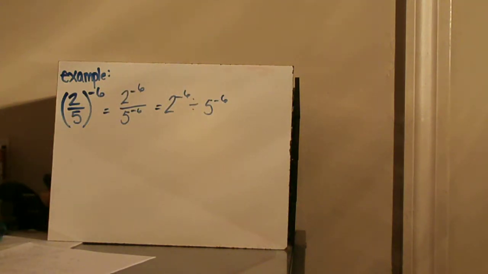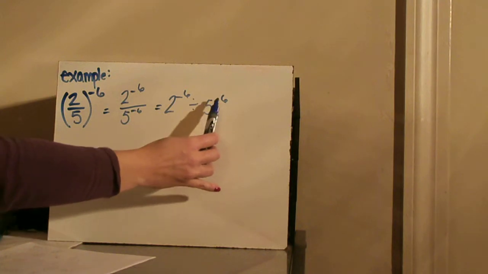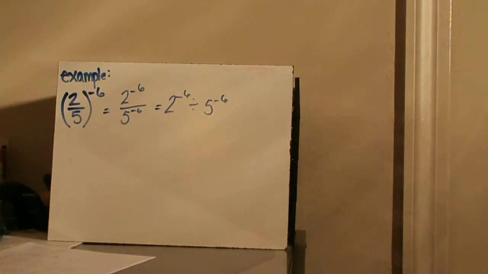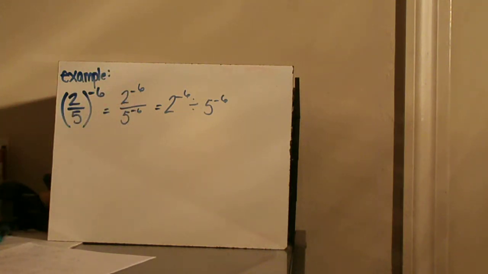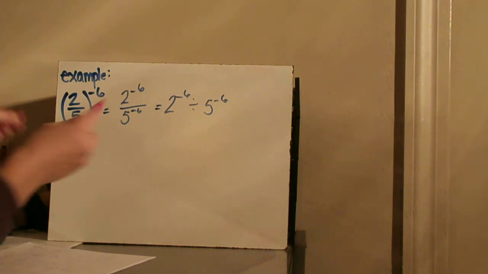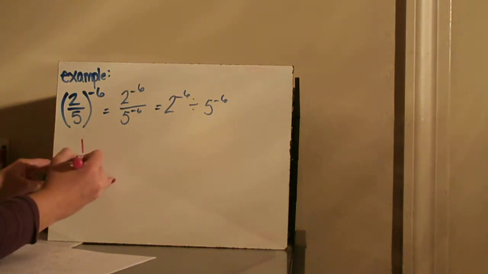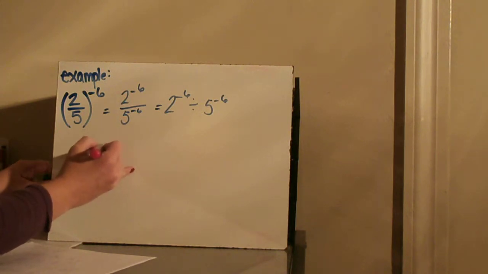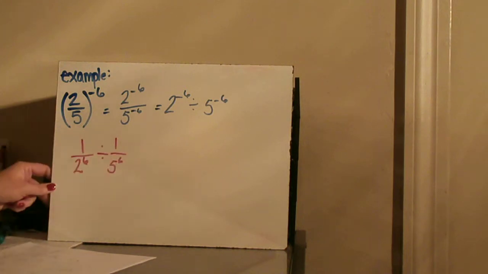Now this goes back to a rule from another video. When we have a base raised to a negative exponent, we simplify to make a fraction: 1 over that base to the positive exponent. So to simplify both of those, I have 1 over 2 to the 6 divided by 1 over 5 to the 6.